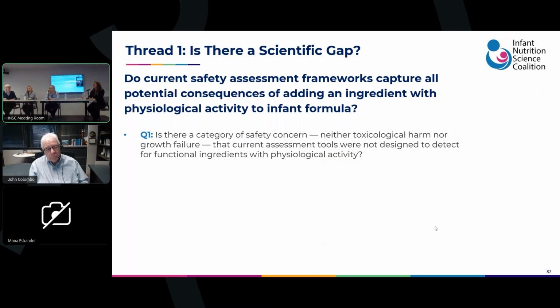And so in that sense, yes, the system has to adapt to where we are now in terms of the kinds of ingredients people are looking to add to infant formula. Whether or not there's sufficient flexibility within that 90-day window, that's a harder question to deal with, because now we're not just talking about what has to be done.